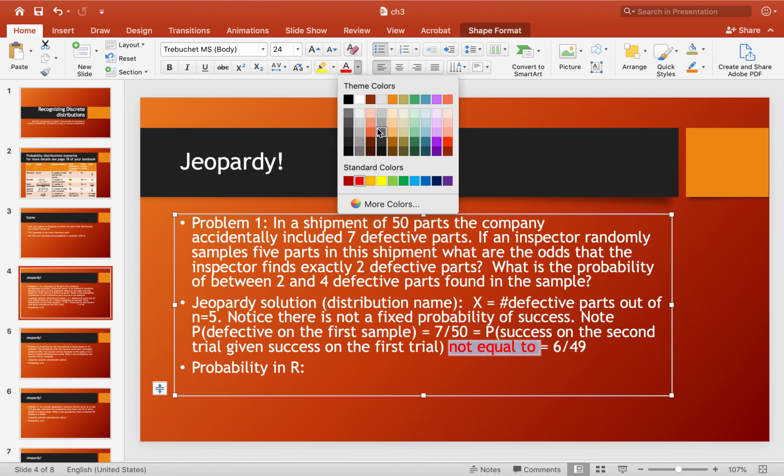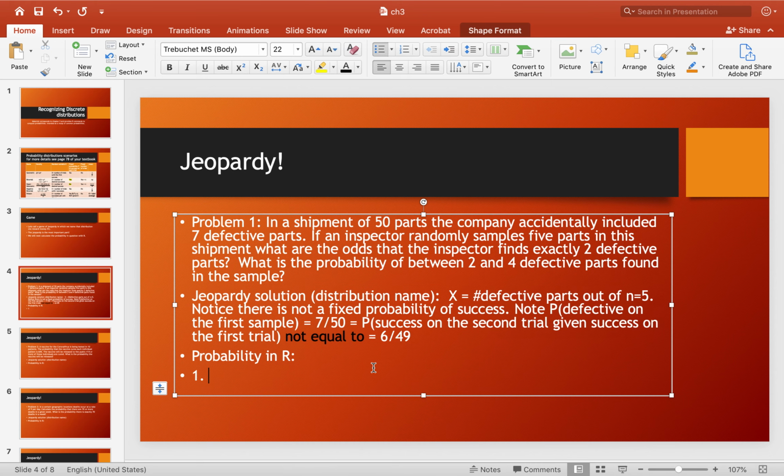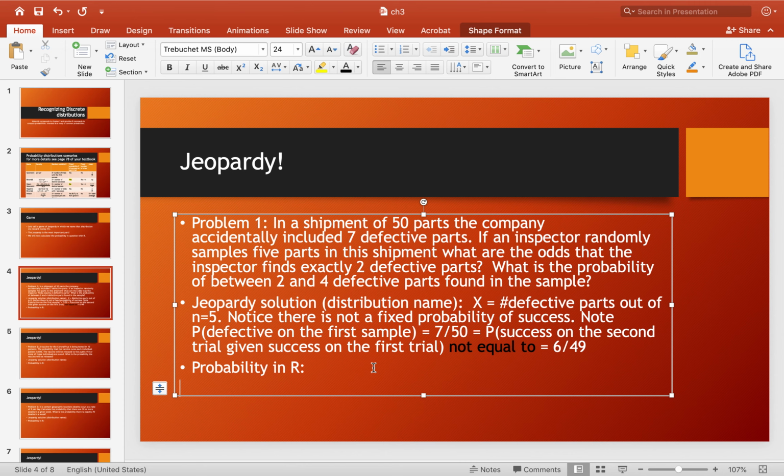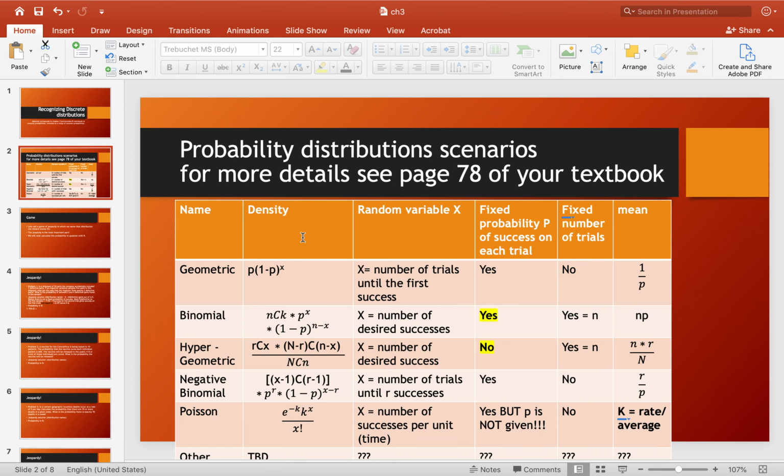Red on red is a bad choice, so let's do that. And if I want to compute this in R, I'm being asked to compute, so there are 2 scenarios. One, I'm being asked to compute the probability x equals 2 here. And by the way, we need to decide that. So x is, well, let's look at the table.